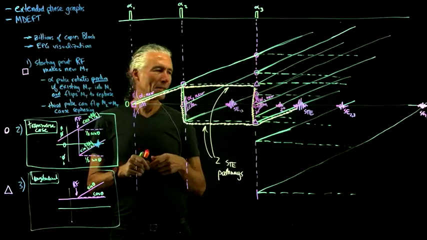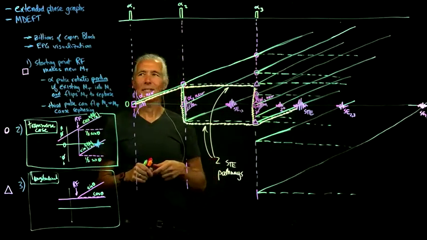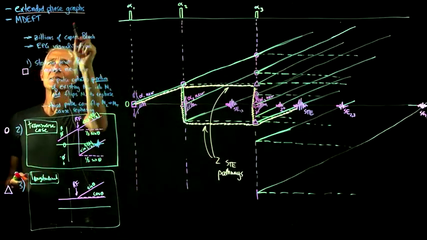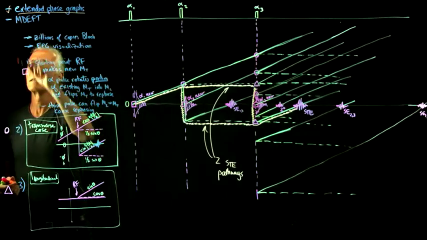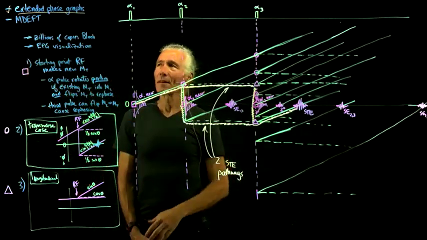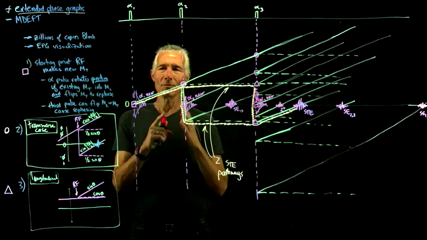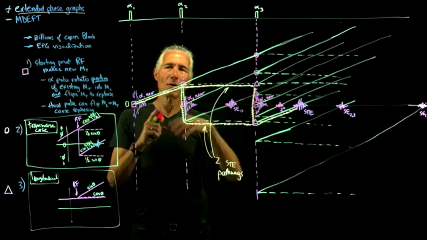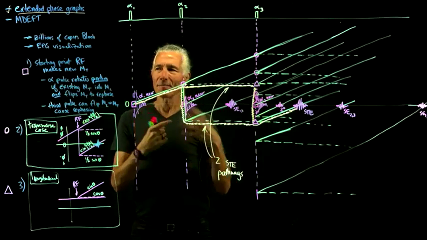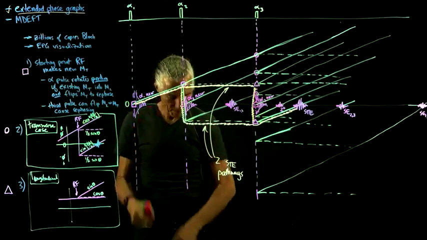And so this is the extended phase graphs. Extended phase graphs, a visualization method for trying to see what happens when you do lots of RF pulses, and there's a whole bunch of different magnetization floating around there. Okay.